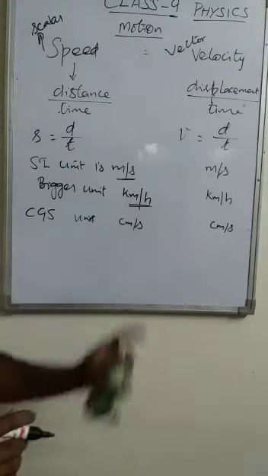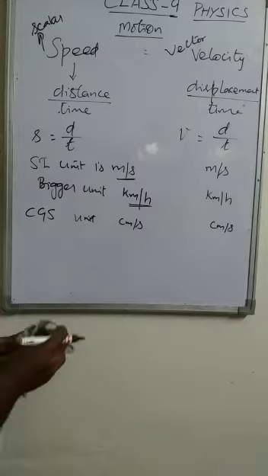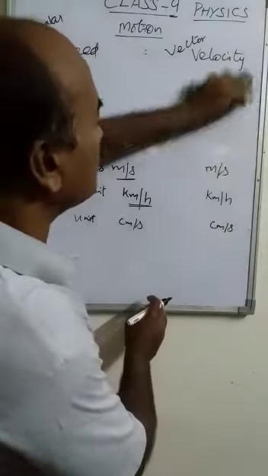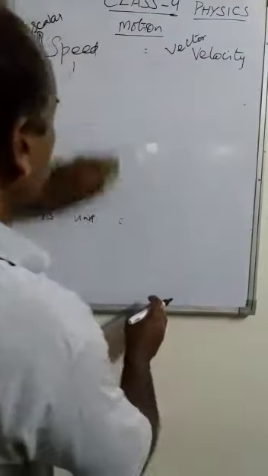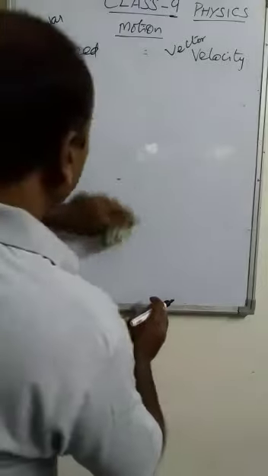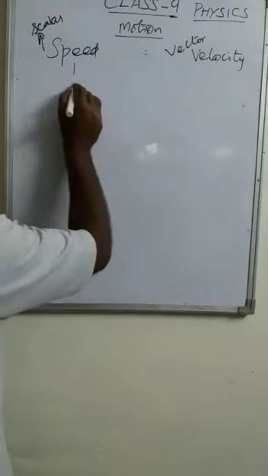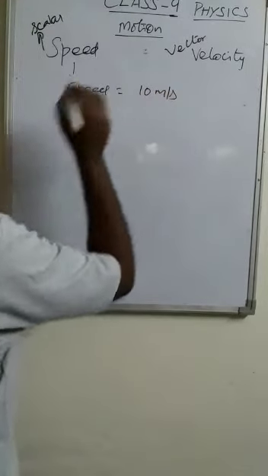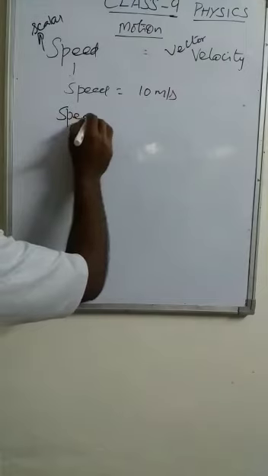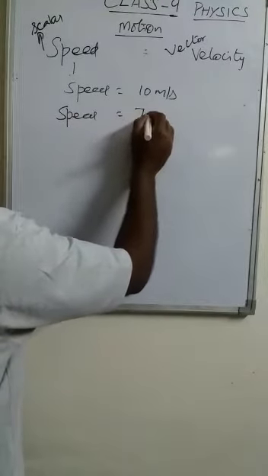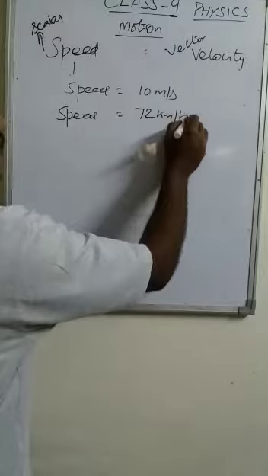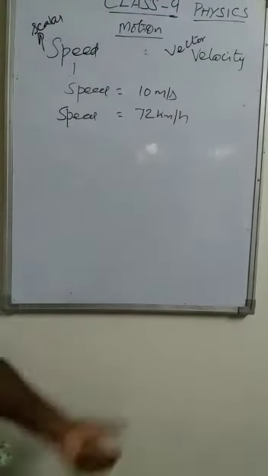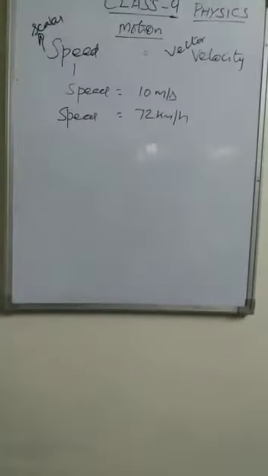So whenever we are taking the value of speed or velocity, suppose the speed of any object is given as 10 meter per second, or the speed of any object is 72 kilometer per hour. So the speed is given in different units, 10 meter per second, 72 kilometer per hour.